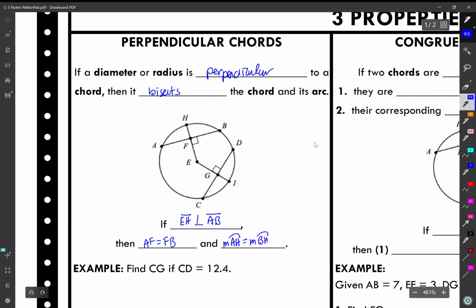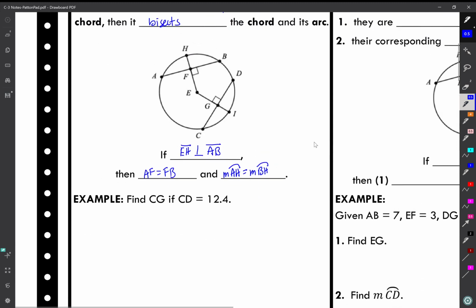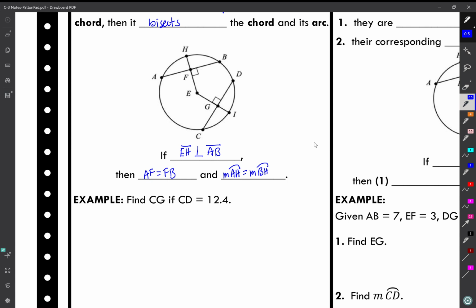So basically we just split that arc into two separate measures, and then we also know that the chord is being split as well.